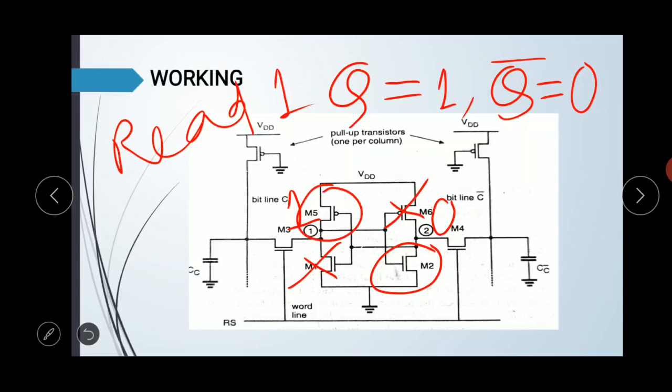So for read one operation, M6 and M1 are in off condition and M5 and M2 are in on condition, and M3 and M4 are also in on condition due to activation of the word line.